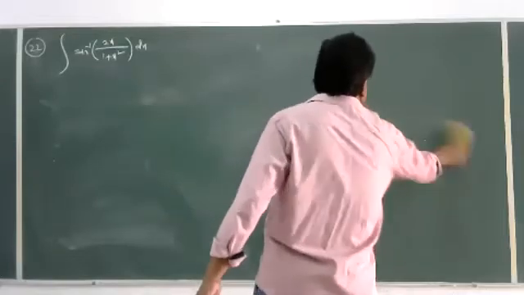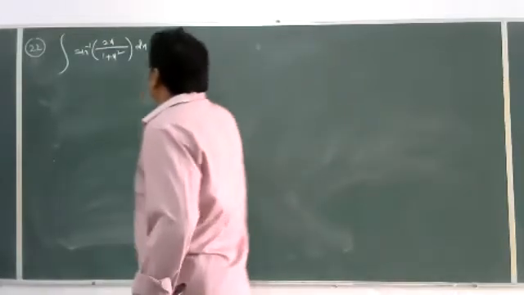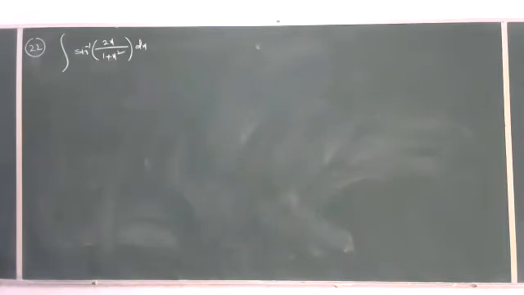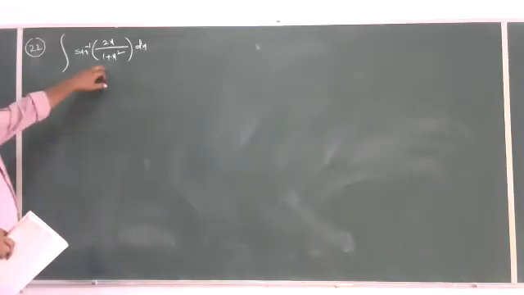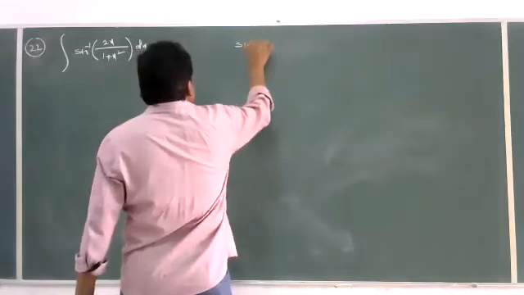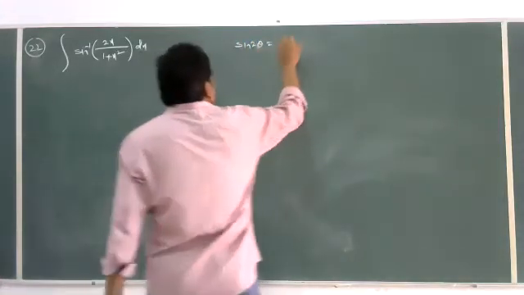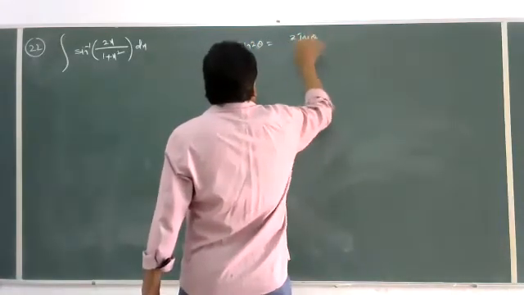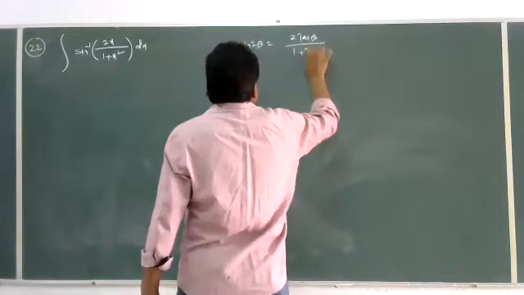So here, first you go for the substitution method. Already we discussed the substitution method in the second exercise or third exercise. Here trigonometric functions are substituted. So you can remember the formula: sine 2 theta in terms of tan theta. Sine 2 theta is 2 tan theta by 1 plus tan square theta.